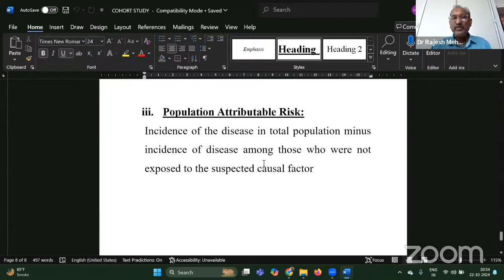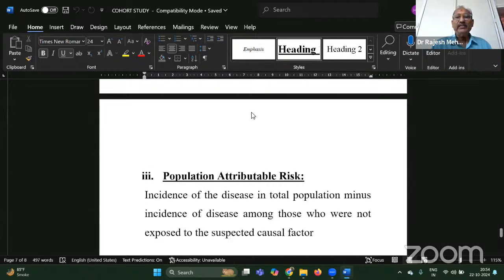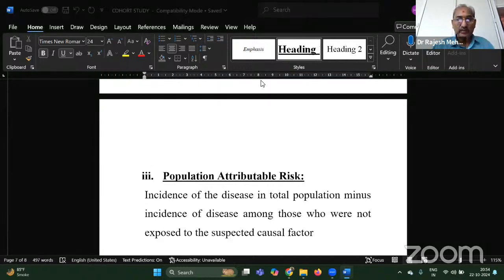In population attributable risk, I will give an example and let's see whether you will be able to answer or not. Tea is consumed by 95% of the people. Alcohol is consumed by 2%.